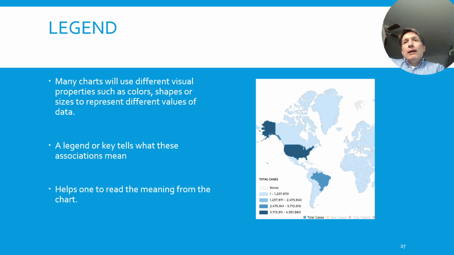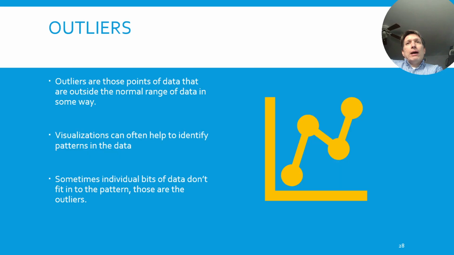But basically, the darker, the more, the lighter, the less. That's what it's trying to convey here. And that's why the legend is important, because we don't know how much is what. But the legend is going to help us to decode that message that is being conveyed by the intensity of the colors or the gradient or the different colors.